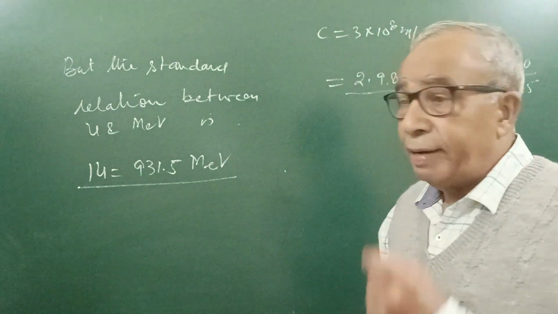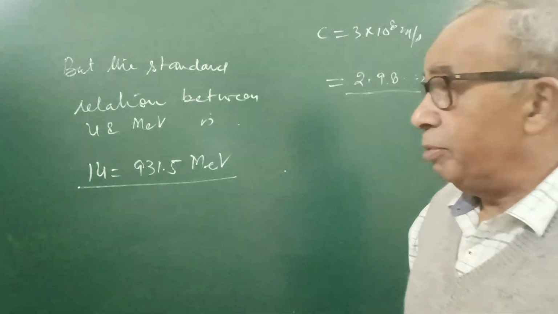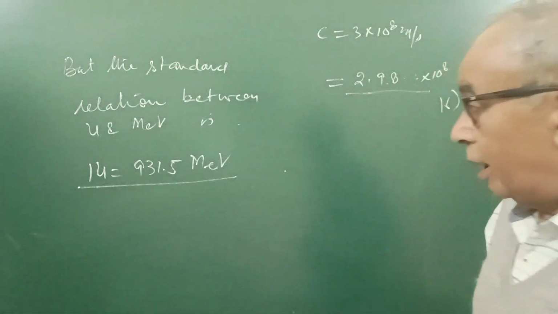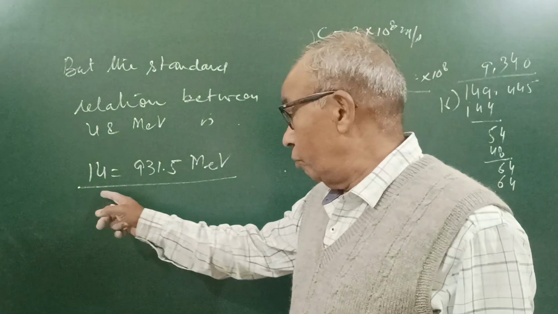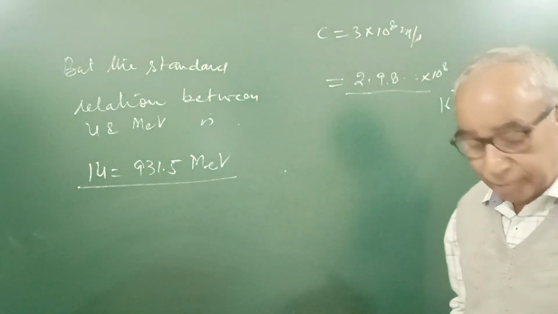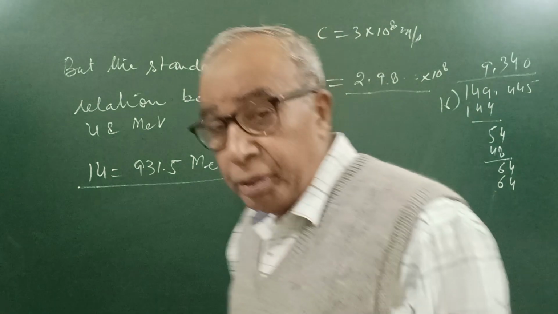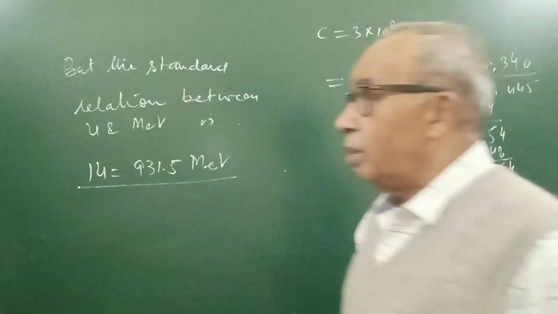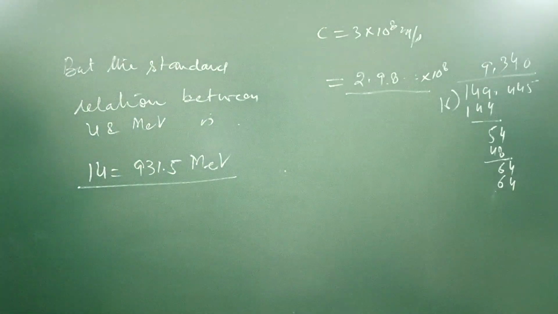And here I defined 1 electron volt and then 1 MeV, and then finally I obtained the relation 1 U equal to 931.5 MeV. Dear student, remember I am not writing a textbook here. I am helping you to understand point-wise.